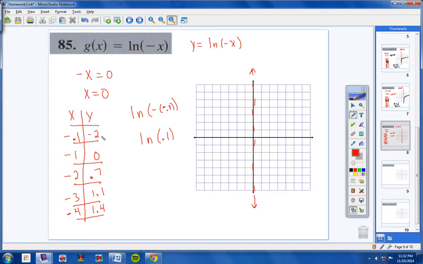So we are good. Here we go. Negative 0.1, negative 2.3. Negative 1 is 0. Negative 2 is 0.7. Negative 3 is 1.1. And negative 4 is 1.4.